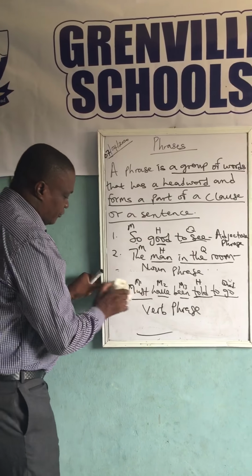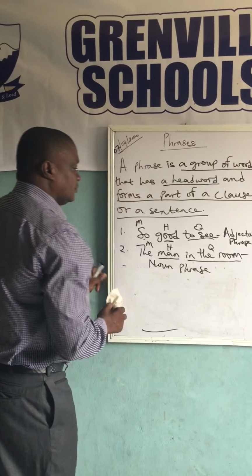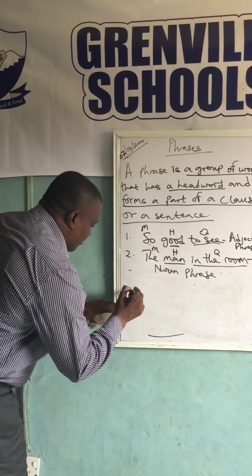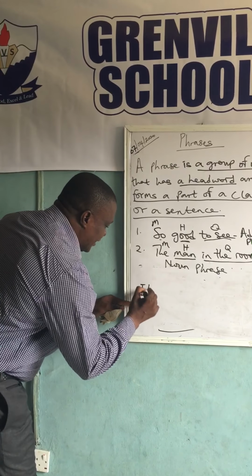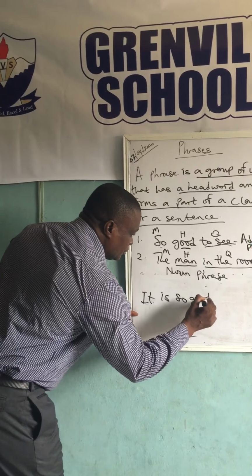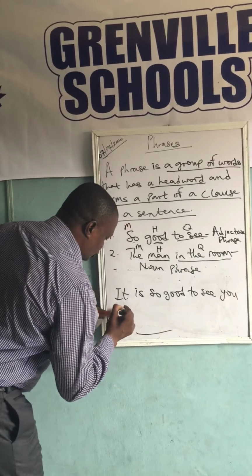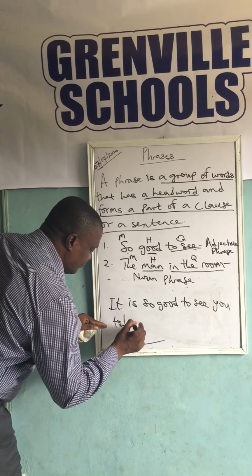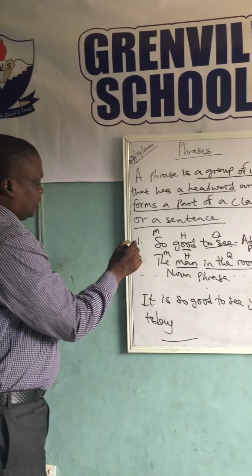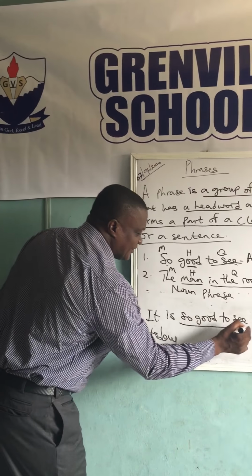Now, let's remove number 3, for example. We can have a full sentence which says, it is so good to see you today. We have used this phrase to form a part of a sentence.